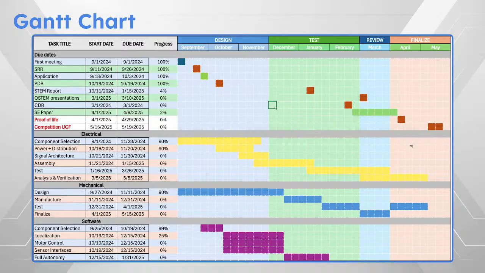If you mop up some of these areas, you'll be able to get your CDR done and ready to confidently build this thing and go win the competition.